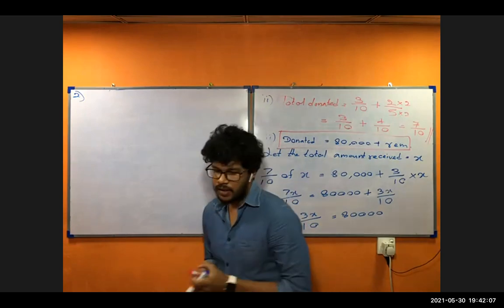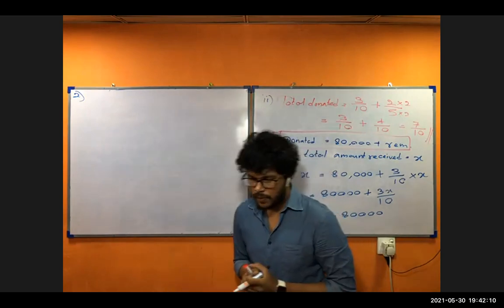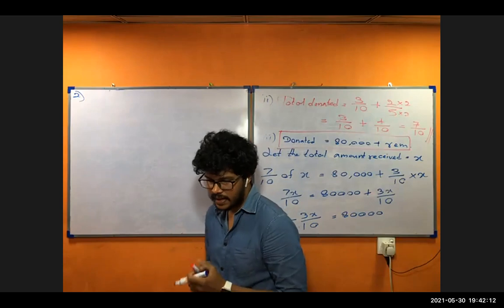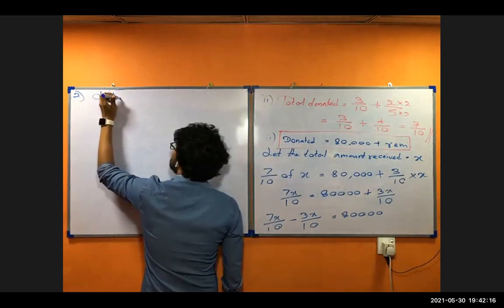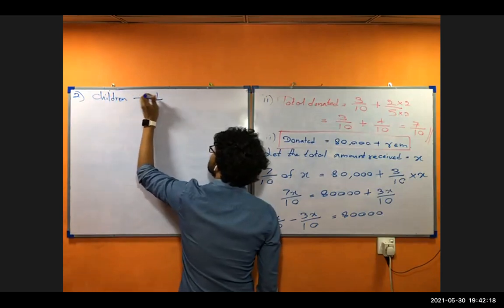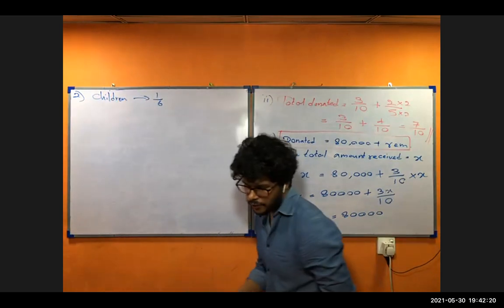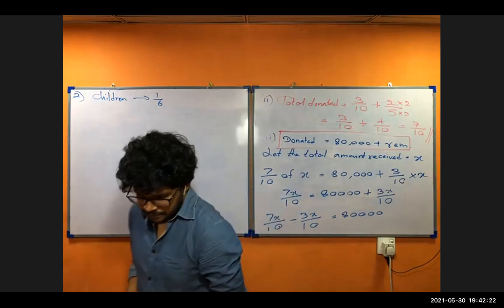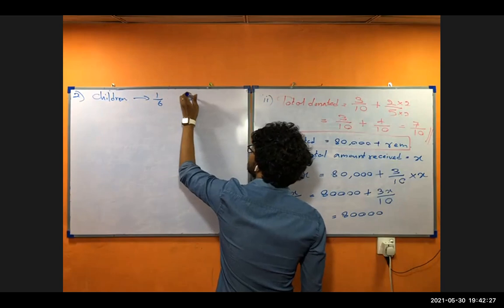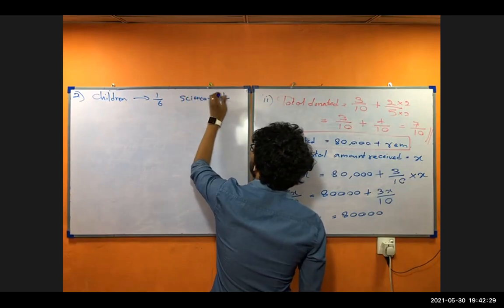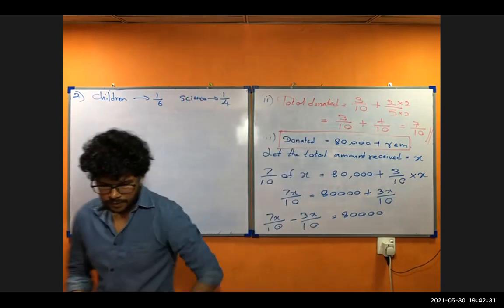So Peter had a small library. That is not important to us. 1/6 of the books in the library were children's books. So children's books was 1/6 of total. Then 1/4 were science books. Science were 1/4.